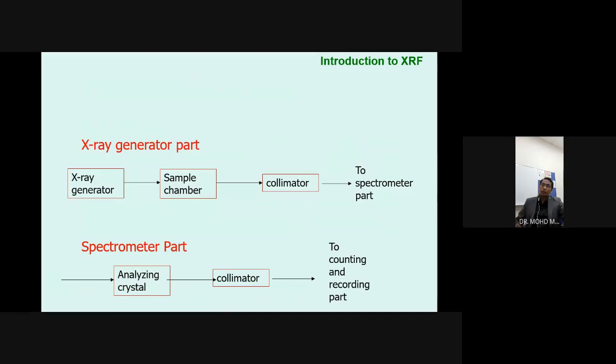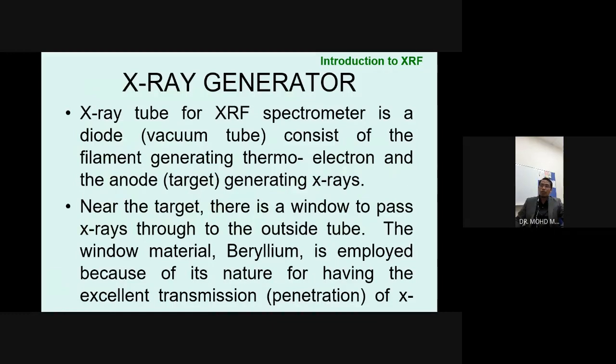At the spectrometer part, we have the analyzing crystal, the collimator again, and finally the count and record part. So there are some explanations about each component in XRF instrumentation.